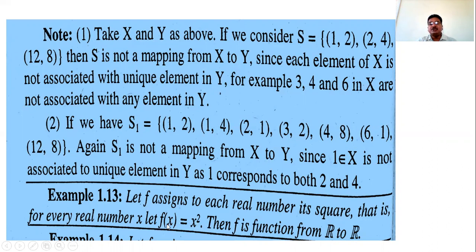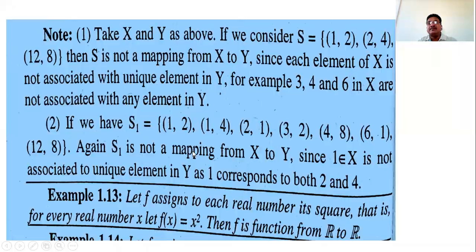So this is a function from R to R, and we cannot show it diagrammatically because this set R contains infinitely many elements, but we can find the image of each element of R, and this is another way to denote a function. Functions can be denoted by a formula.